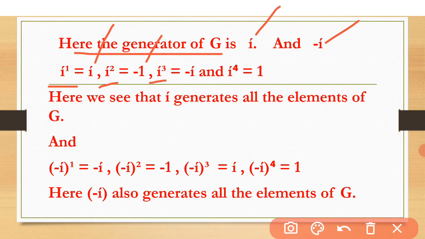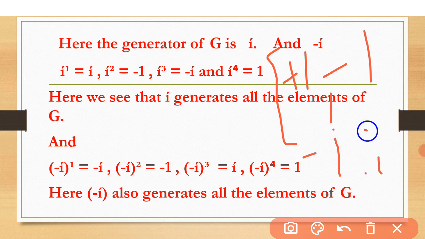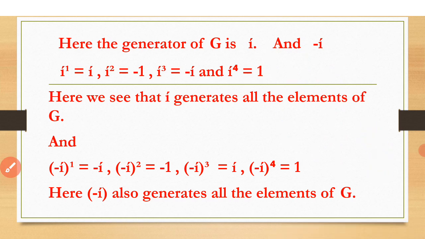And iota raised to power 3 is equal to minus iota, because iota square is equal to minus 1, and one more iota gives us minus iota. Iota raised to power 4 gives us 1. So it creates the whole group: plus 1, minus 1, minus iota and iota. All the elements of that group are generated by only iota.